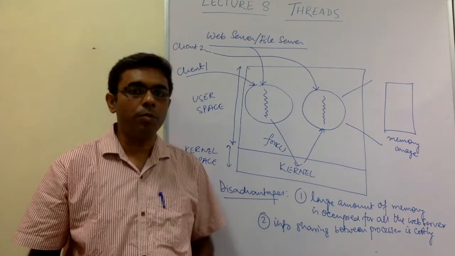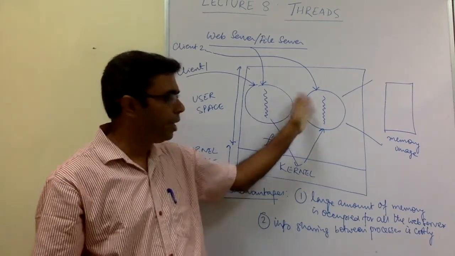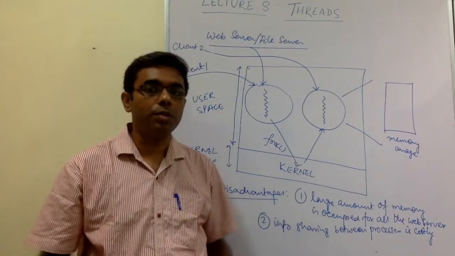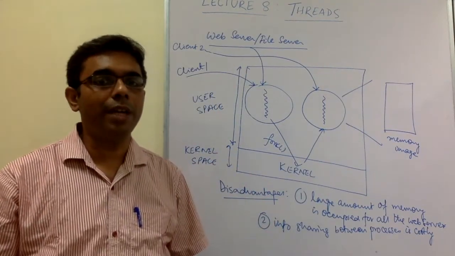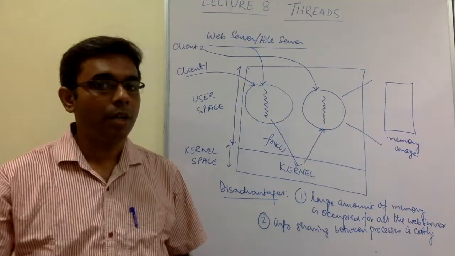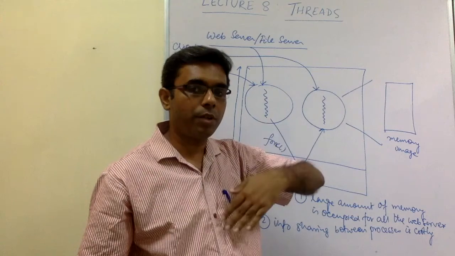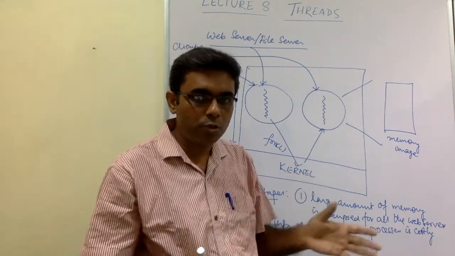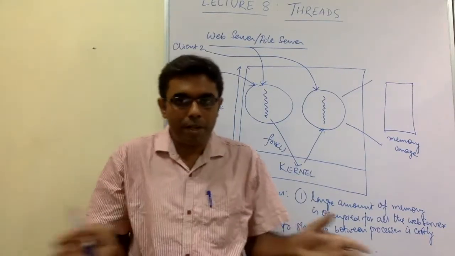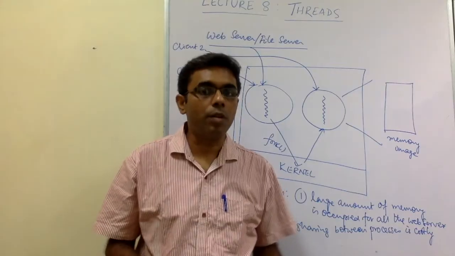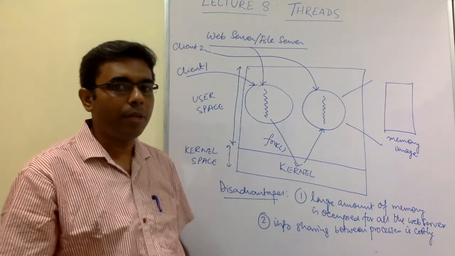But for the time being, let us assume that if two processes have to communicate, then that's a very costly process, because there is a lot of information exchange between two processes which are residing at two places in the memory. Remember, each process has a different memory image. So the data transfer, or whatever the communication between these two processes, actually comes down to communication between two separate memory images. And that's a very costly process. So we'll talk about how this problem can be solved.